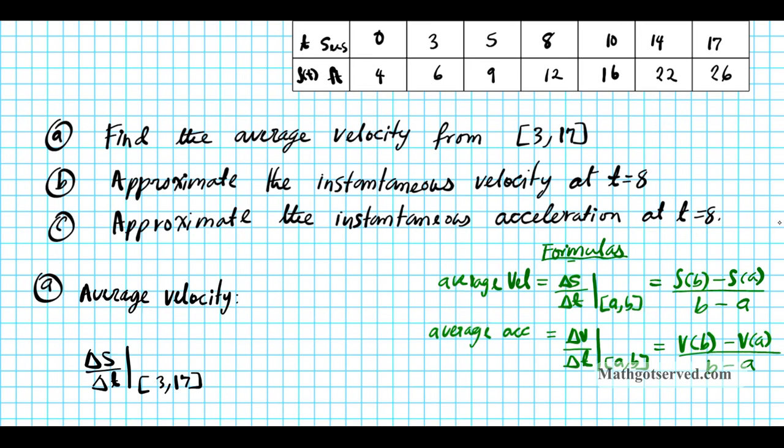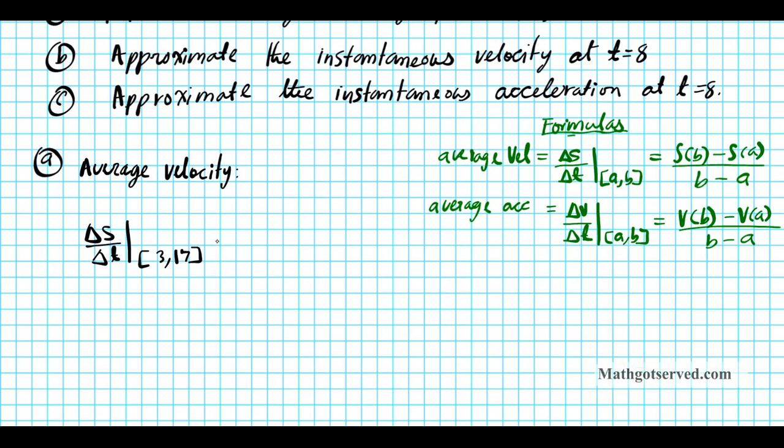That's what the problem asks us to find. Okay, so if we do that, in this case, b is 17, a is 3. Okay, so s of 17 minus s of 3, divided by 17 minus 3.